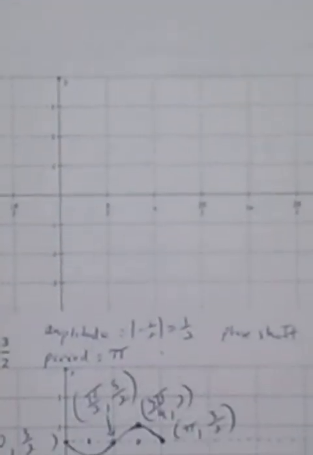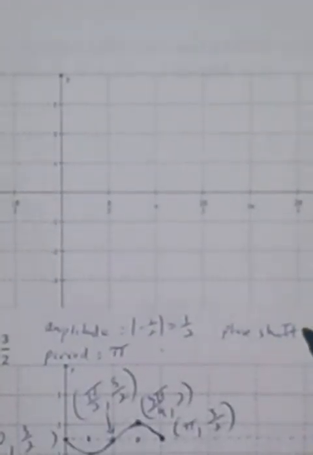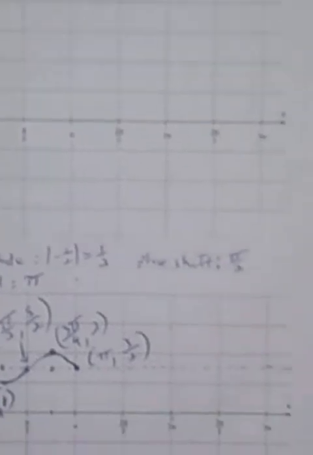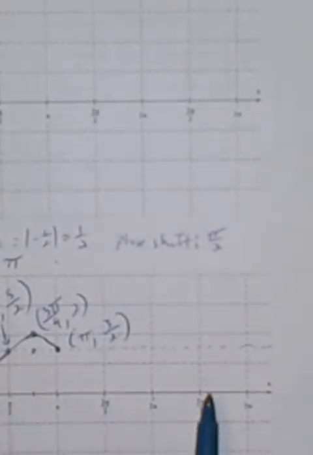That's one of the equations that we read, and the shift is the c over b, so it's pi over 2, which, because it's positive, means, because it's x minus pi over 2, pi over 2 to the right. And vertical shift, 3/2. There it is.